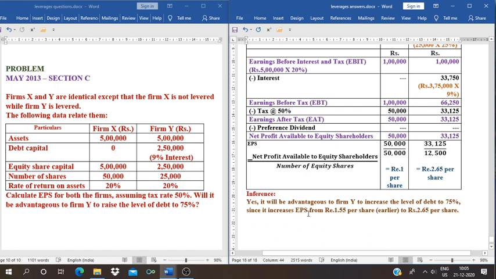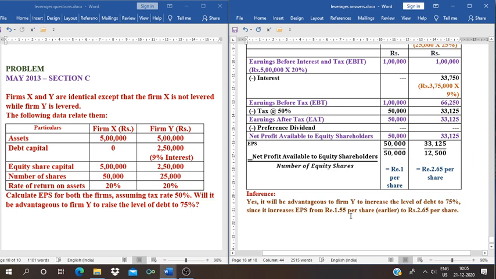Since it increases EPS from 1.55 per share, that is for the existing situation, where 50% debt capital was there and 50% equity share capital was there. At that time, EPS was 1.55 per share.